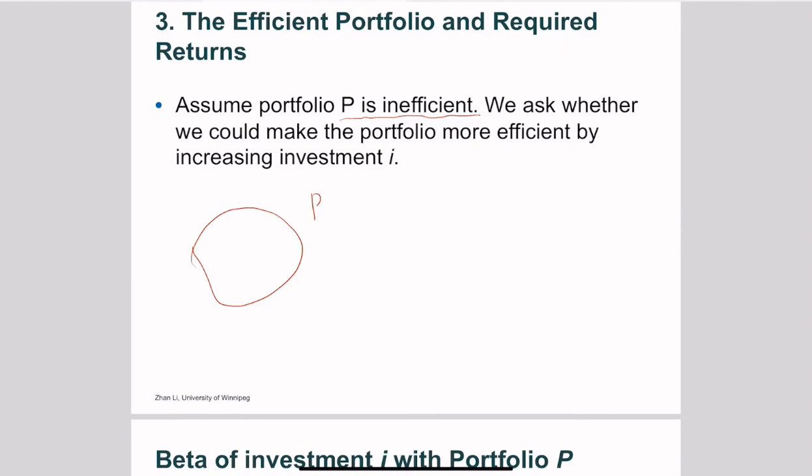So let's say we want to focus on a particular investment or particular stock I. So now we want to think about how we could adjust our investment in investment I to make the portfolio P more efficient. Again, our question is, how could we adjust investment I to make portfolio P more efficient?